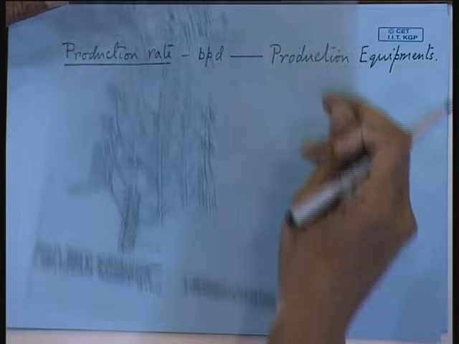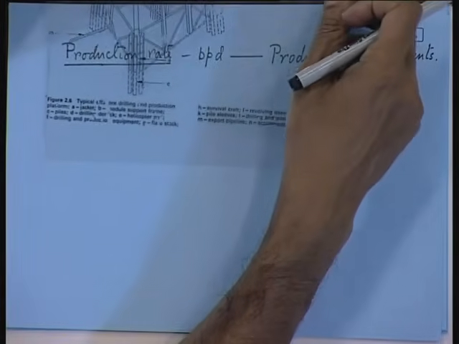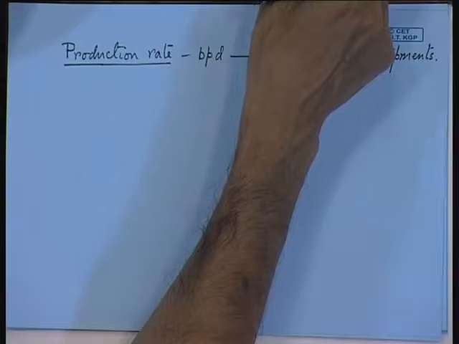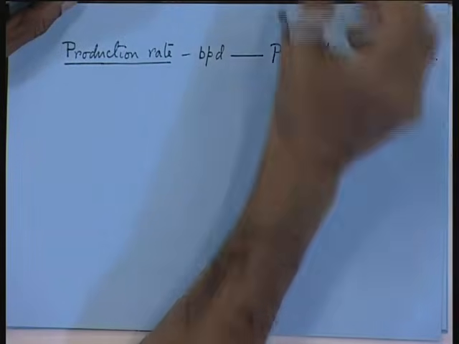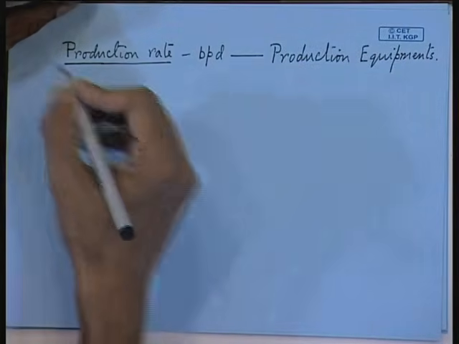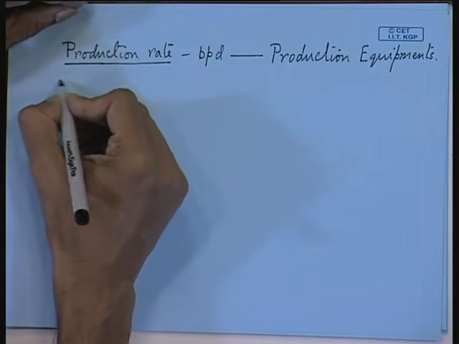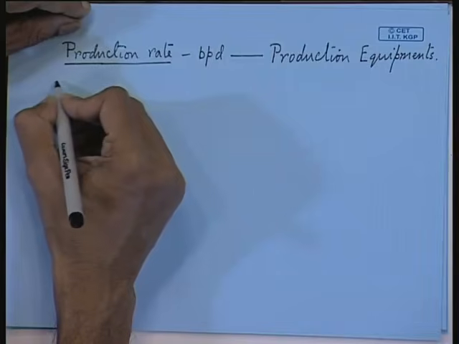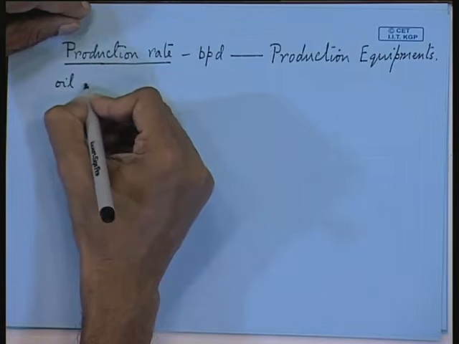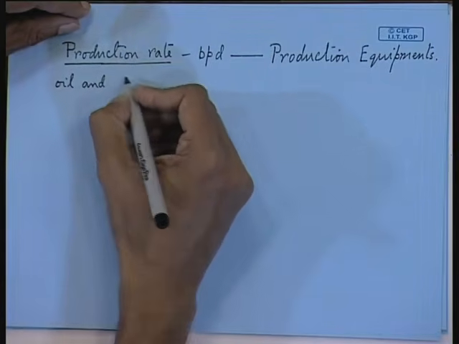Normally the oil comes with the associated gas, and also you have some foreign materials, that is stones and all that will also come out. Those have to be segregated. So, you have oil and gas separation facilities on deck.